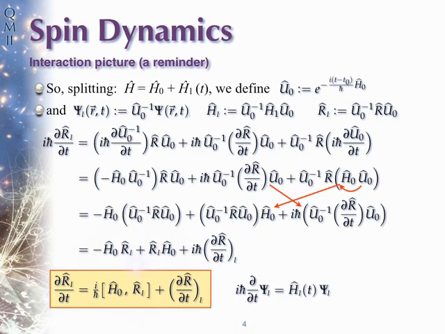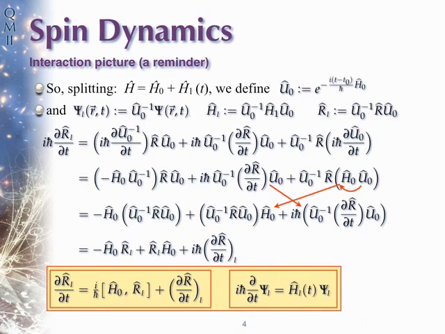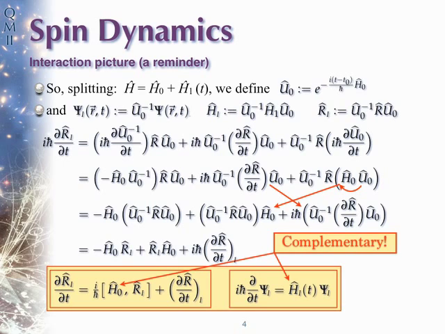Similarly, you get the Schrodinger equation, which we obtained in the previous slide, for the interaction picture wave function psi I, where in turn the dynamics is governed by H1, the interesting part of the Hamiltonian. Notice the complementarity.